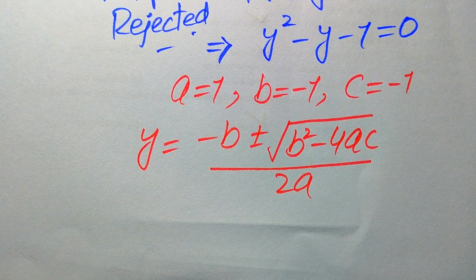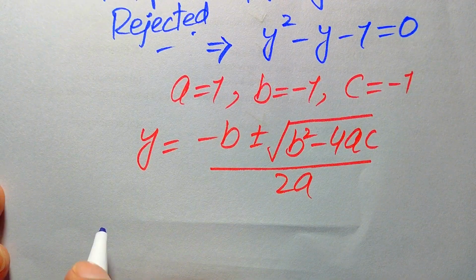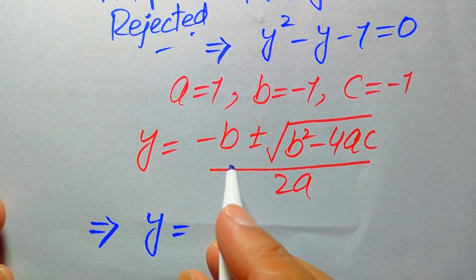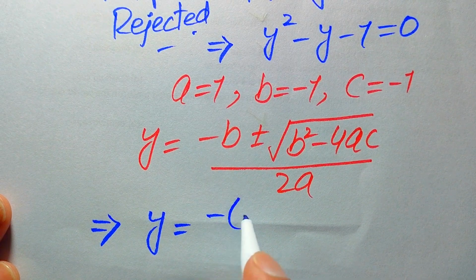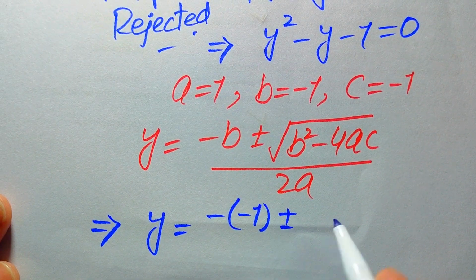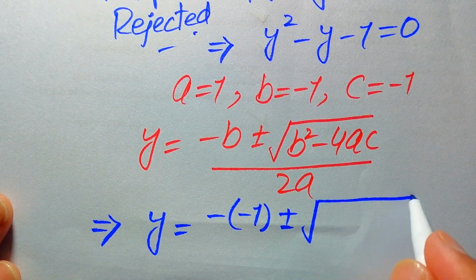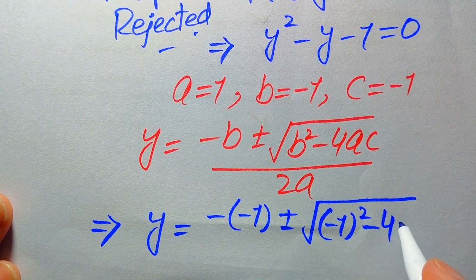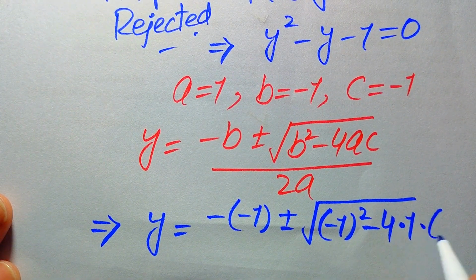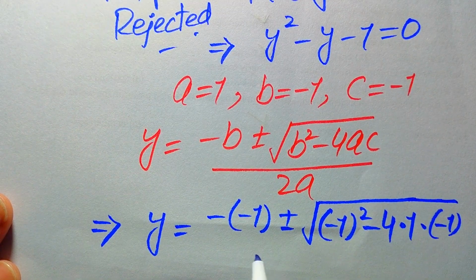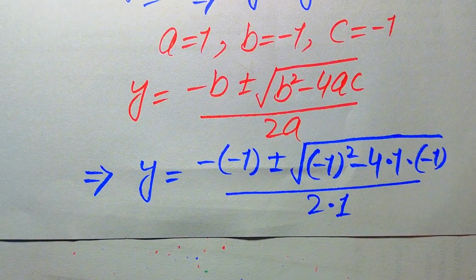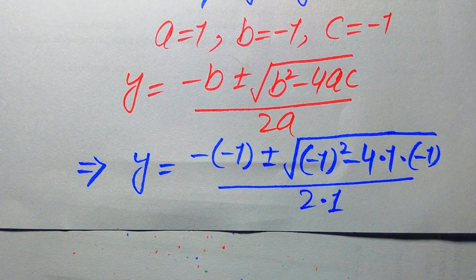So here we substitute all the values of a, b and c, and we write y equals minus b. The value of b is -1, plus minus square root of b square, which is (-1) square, minus 4 times a, which is 1, times c, which is -1, divided by 2 times a, and here our a is equal to 1.